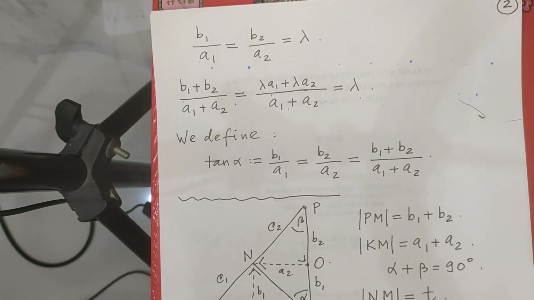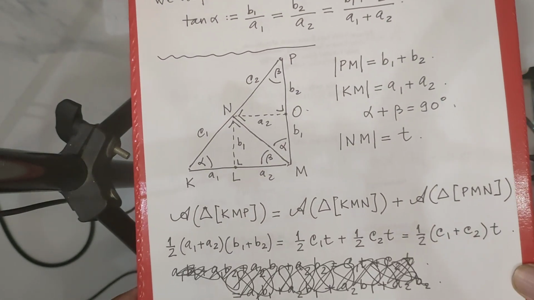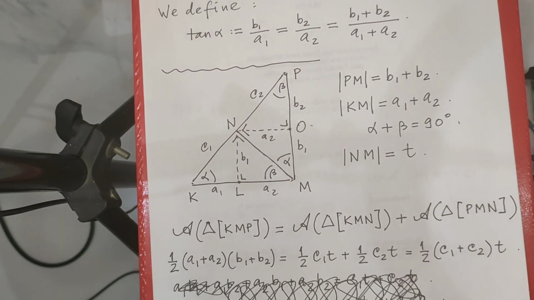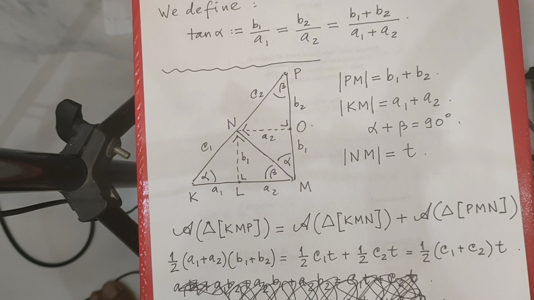Okay? After this, using the same property of the area of triangle KPM, we know that the area of triangle KPM is equal to the area of triangle KNM plus the area of triangle PNM.